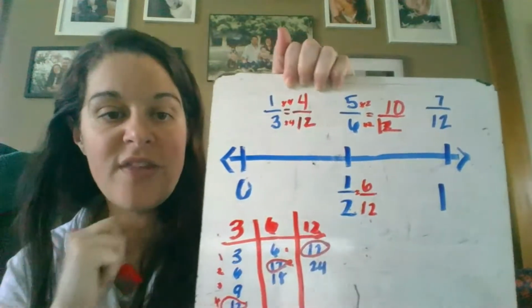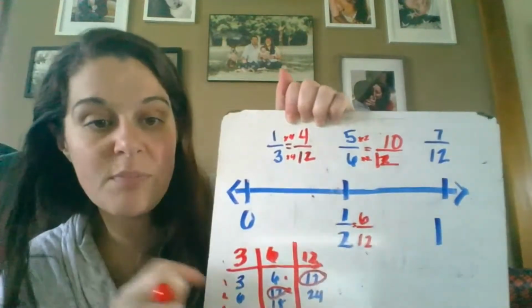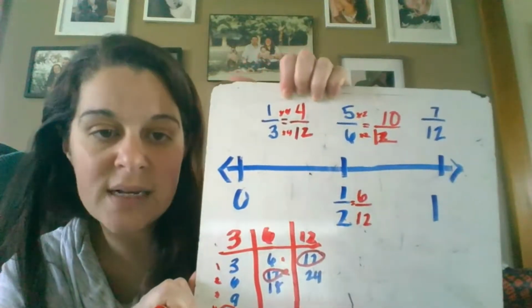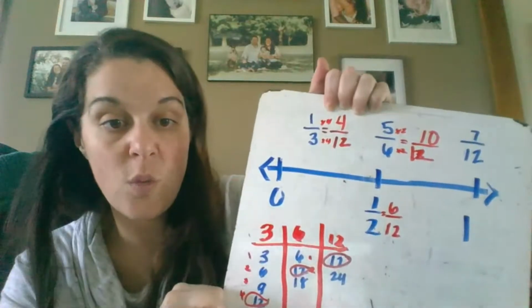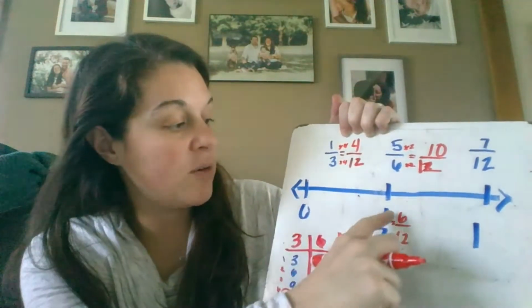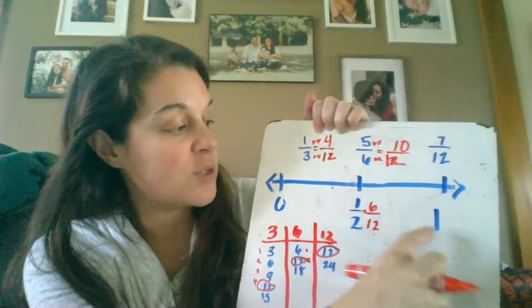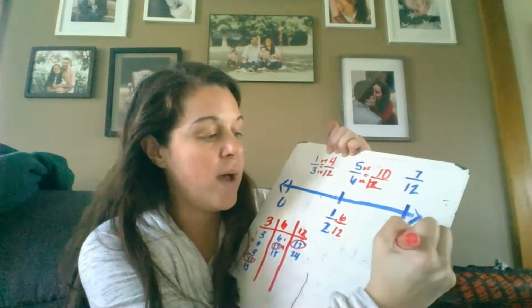Right? So we know that that's the same. So when plotting these on the line, I know that this midpoint is 6/12. Okay, so first one, I have 4/12, which is also the 1/3. Is it going to go from 0 to 6/12, or from 6/12 to 1? And again, just as a reminder, 1 equals 12/12.